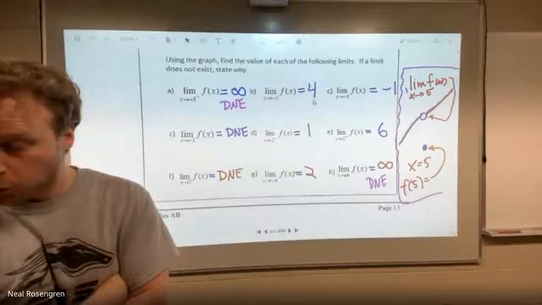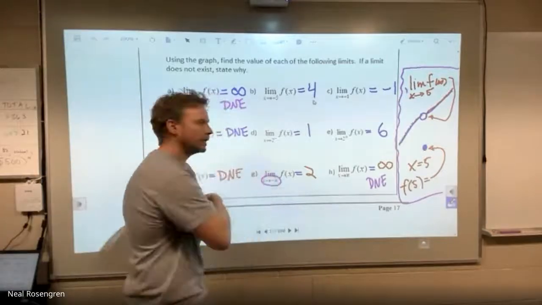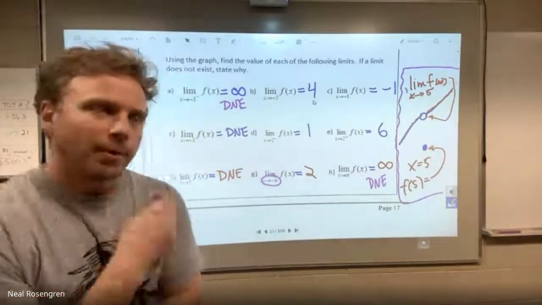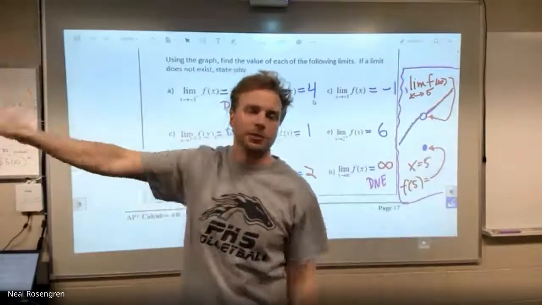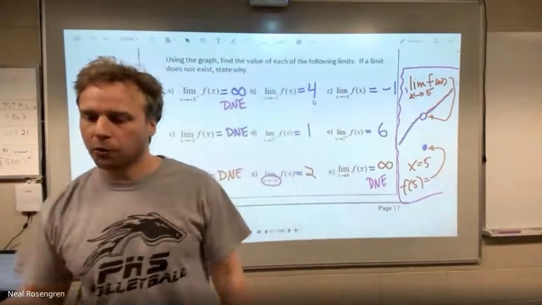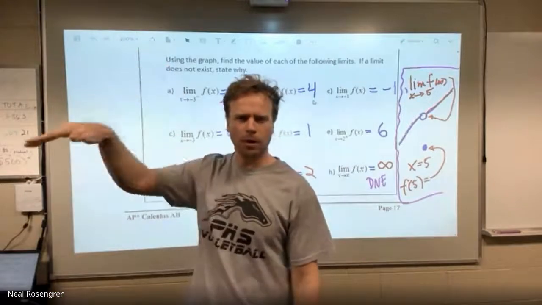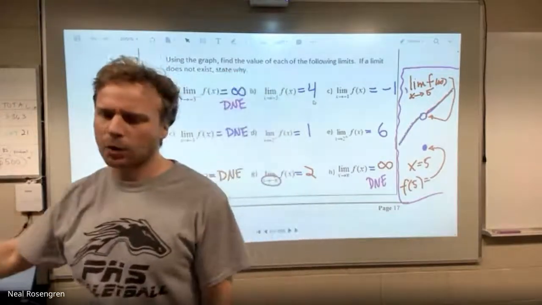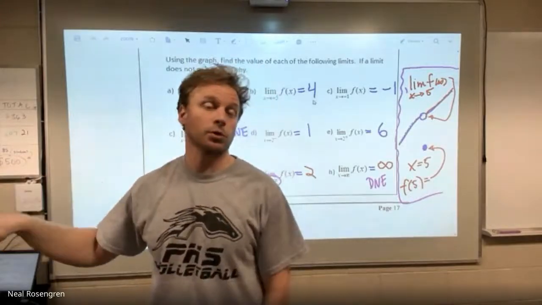How did you get G, Mr. Rosengren? Good question. Okay, so part G says, let's go towards negative infinity. So that means I have to look at my graph, and I'm thinking about going as far left as I possibly can. When I look at the left edge of the graph, I notice that I'm heading down, but I'm starting to flatten out, and there's a horizontal asymptote that I keep getting closer and closer to.